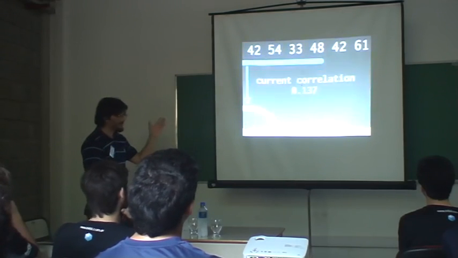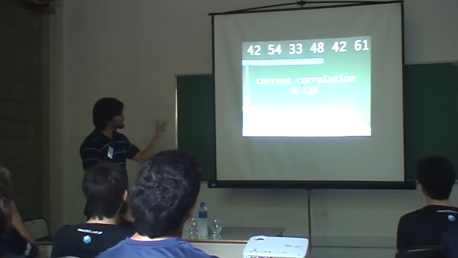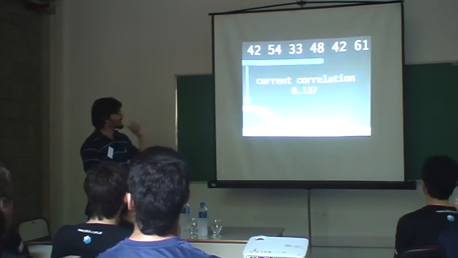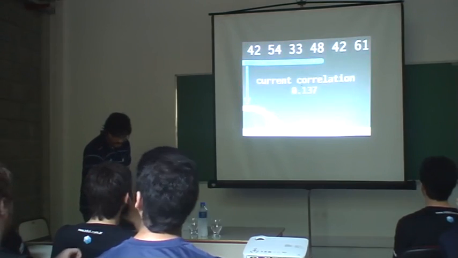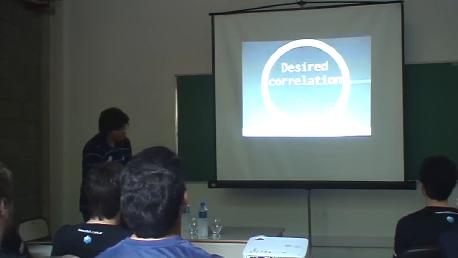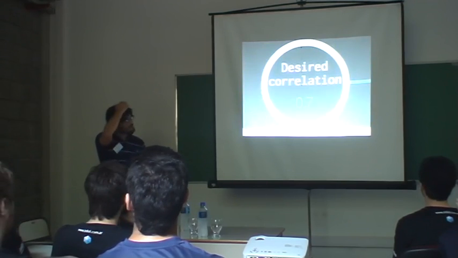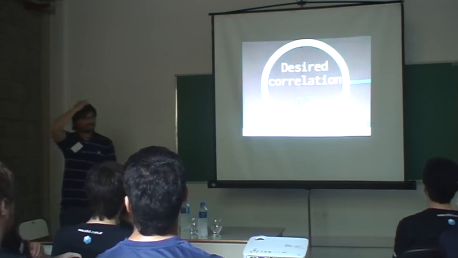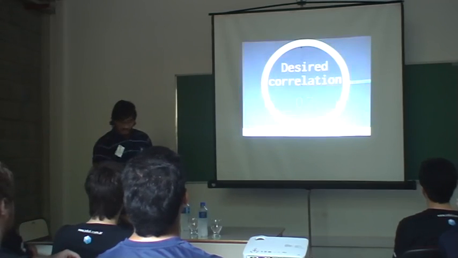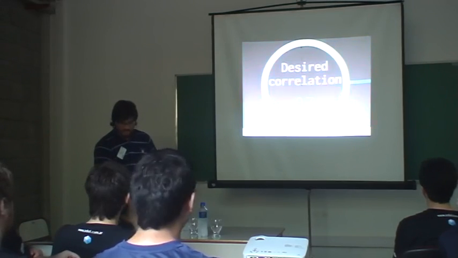So suppose we have two samples and they have a current correlation of 0.1, and we want them to honor some correlation, for example 0.7. So what can we do?